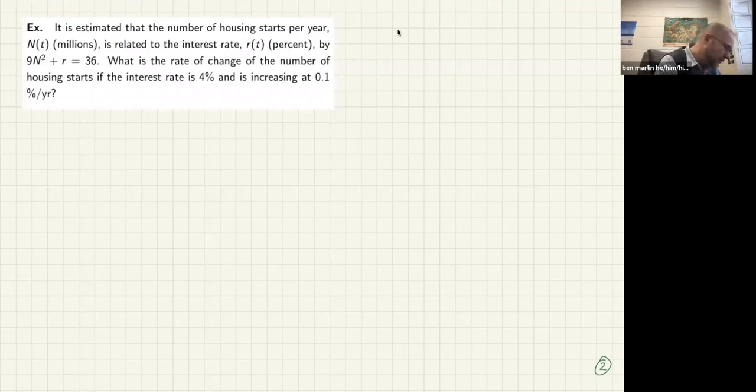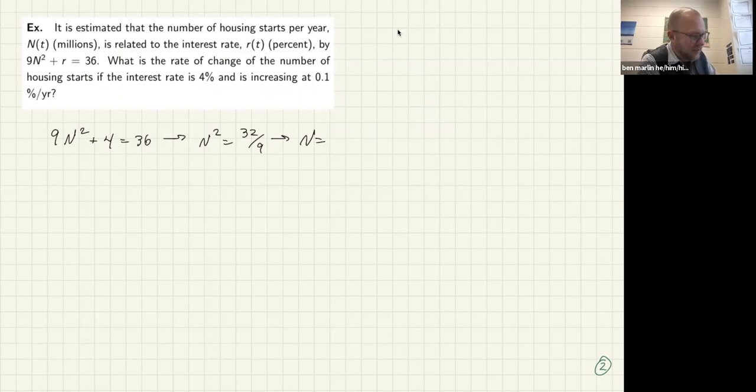So first off, if you took 9n squared plus the 4% equaling 36, then that says that your n squared would have to be 32 over 9, which says the n, we're only going to consider positive ones. We're not going to have housing demolishing counting.